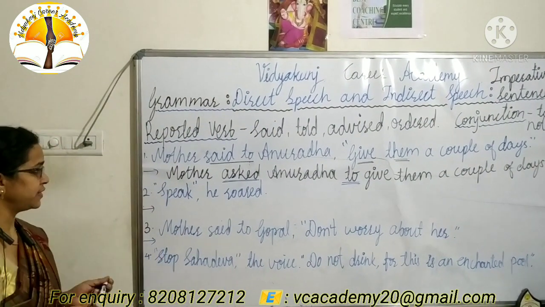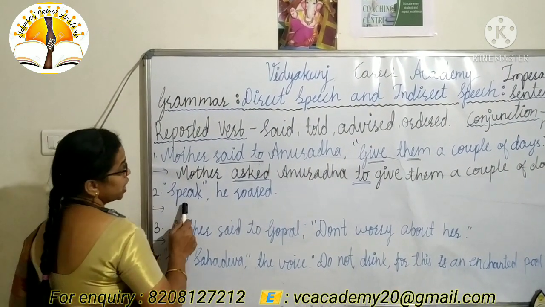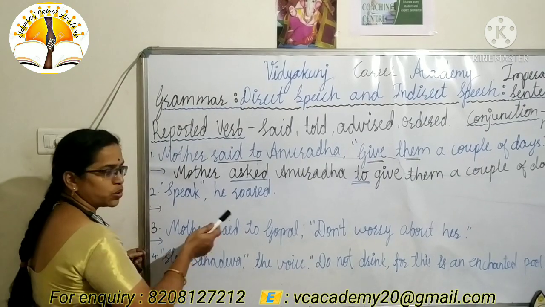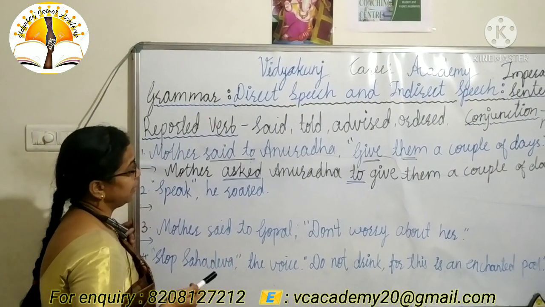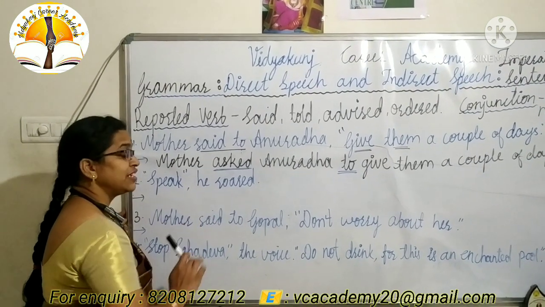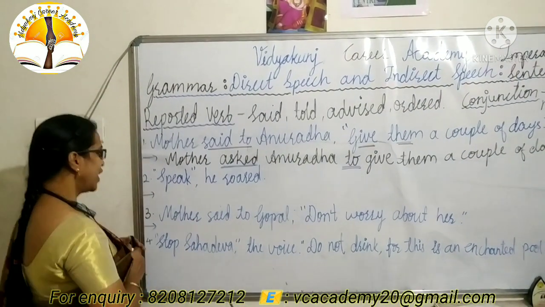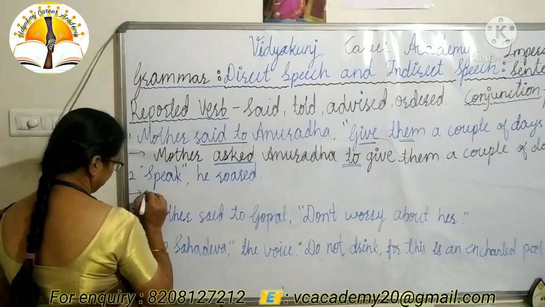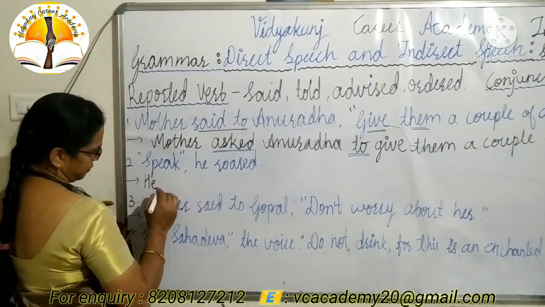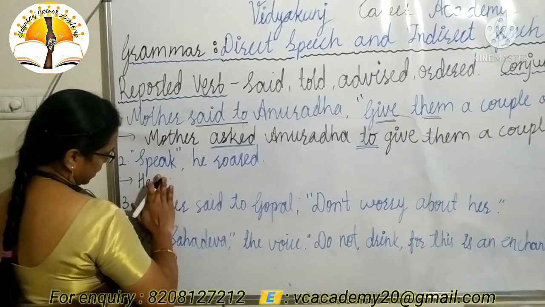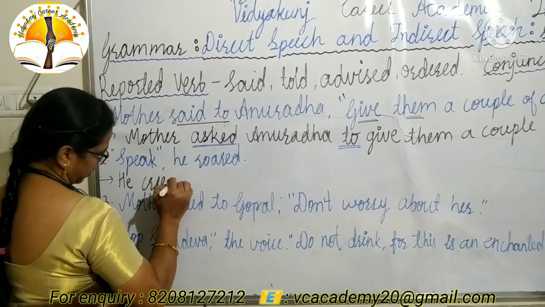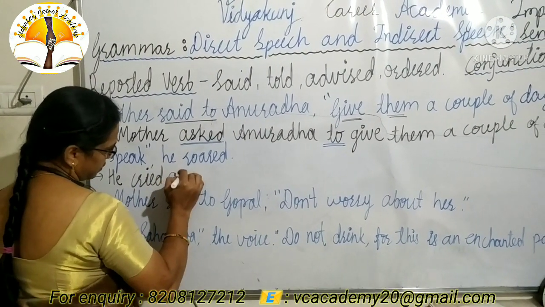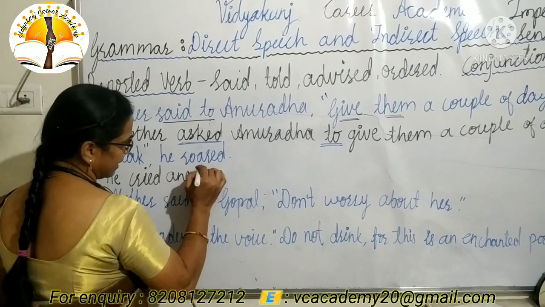Now the next sentence. Look here. Speak, he rode. Rode means obviously when some person is in an angry mood, then he will rode. Then I will write, he cried angrily.